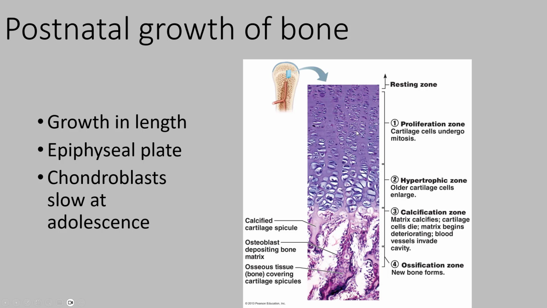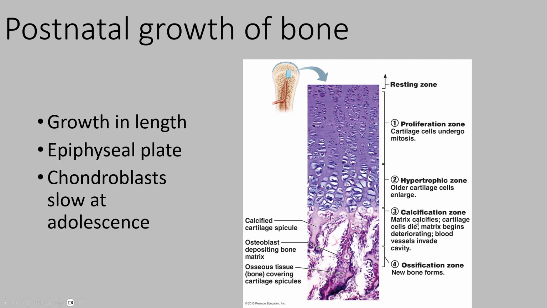As they enlarge, the proliferation zone keeps pushing more cells into the hypertrophic zone, which pushes those enlarged cells into an area called the calcification zone. Here the bony matrix starts to be laid down. We start to lay down hydroxyapatite, so we say the matrix calcifies.